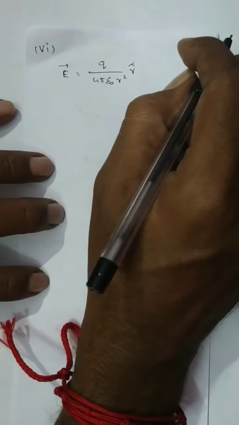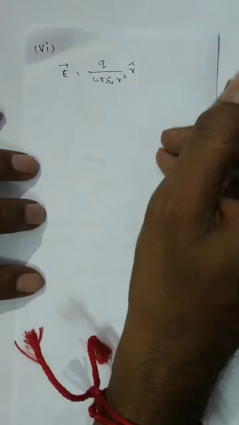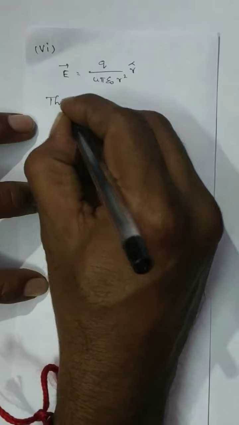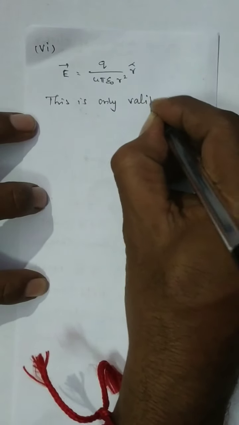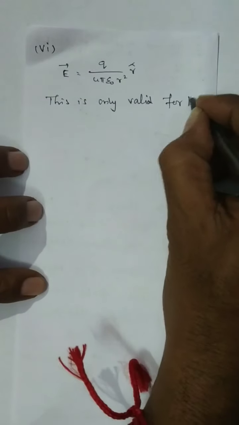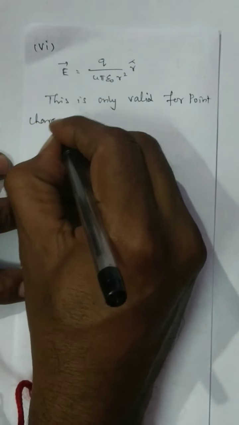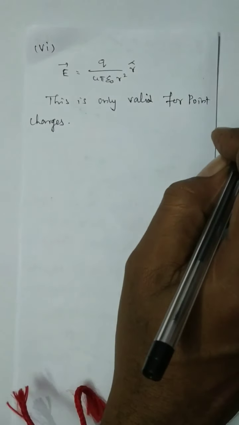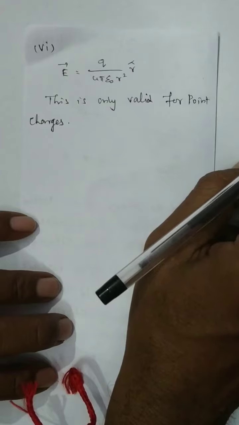This is the formula for the electric field. This formula is only valid for point charges, that is discrete charges.